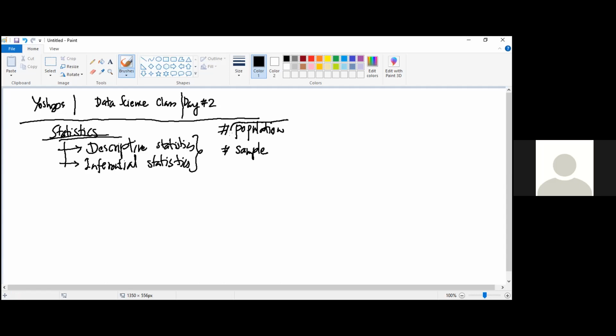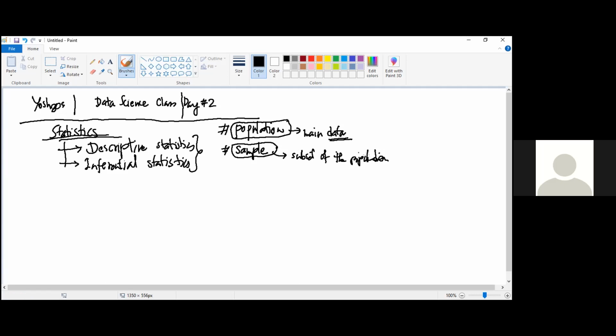So population will be the main data, no? When I speak of population, we're actually speaking about data only, the main data collection, and the sample will be a subset of this data, meaning to say a subset of the population.